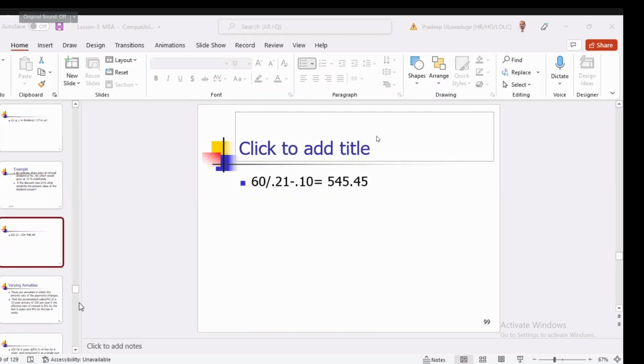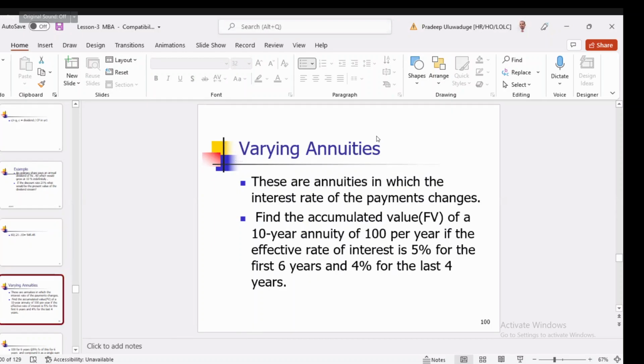Yeah, so let's proceed from where we stopped. Varying annuities. These are annuities in which the interest rate of the payments change, right? We looked at different types of annuities, growing annuities, and this is where the interest rate of the annuity changes. For example, find the accumulated value or future value of a 10-year annuity of 100 per year.